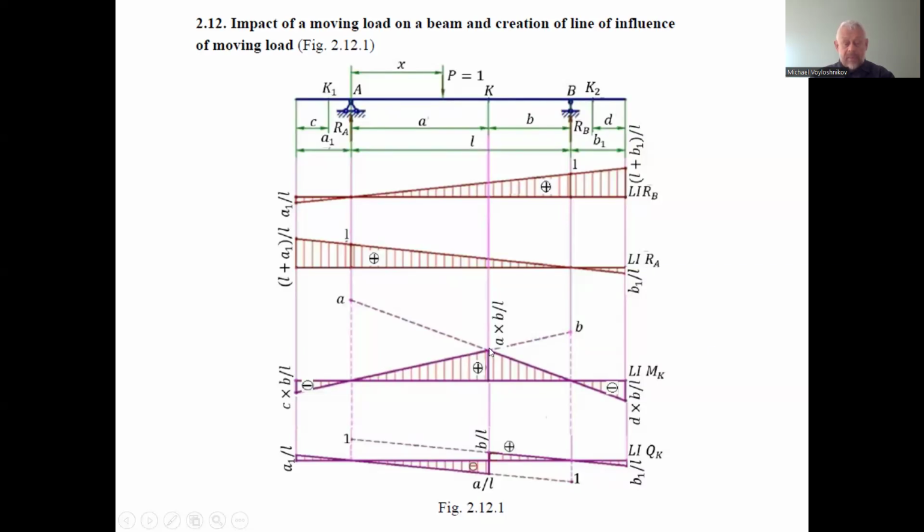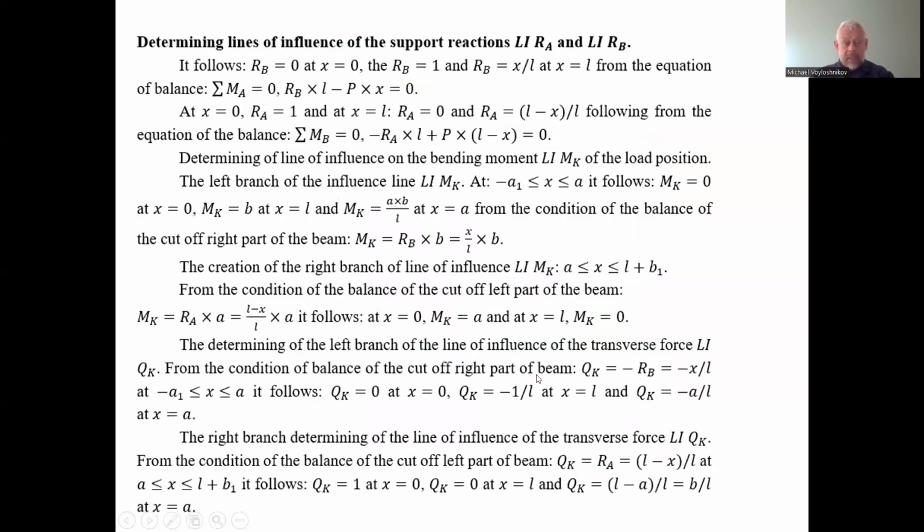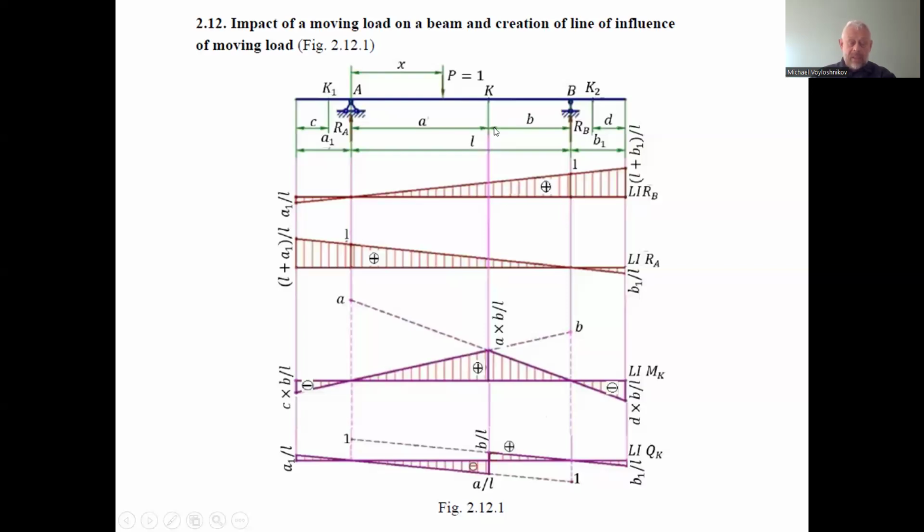This one is the right branch, where x is from A to L plus B1. B1 is the length of the console segment of the beam.